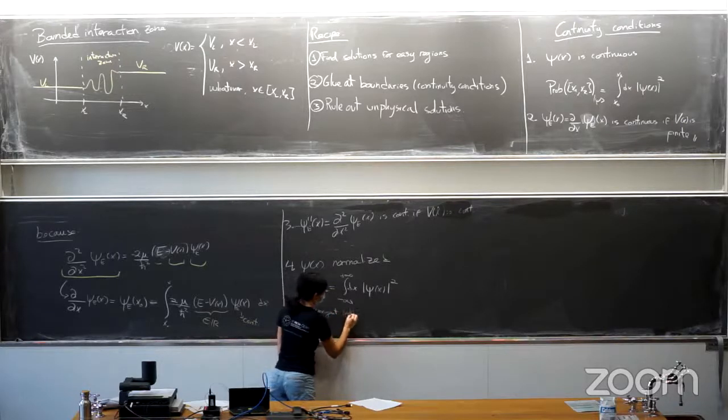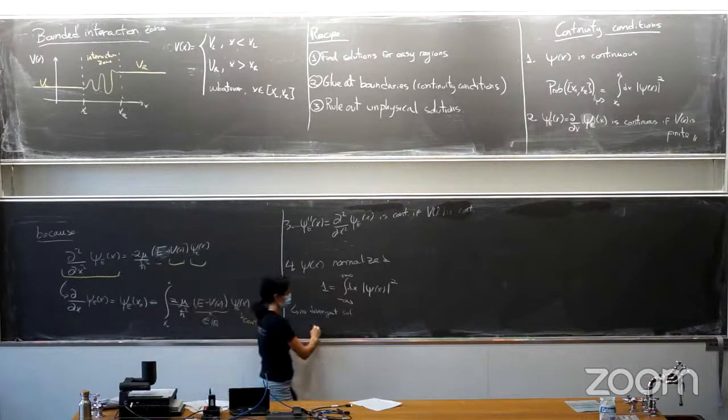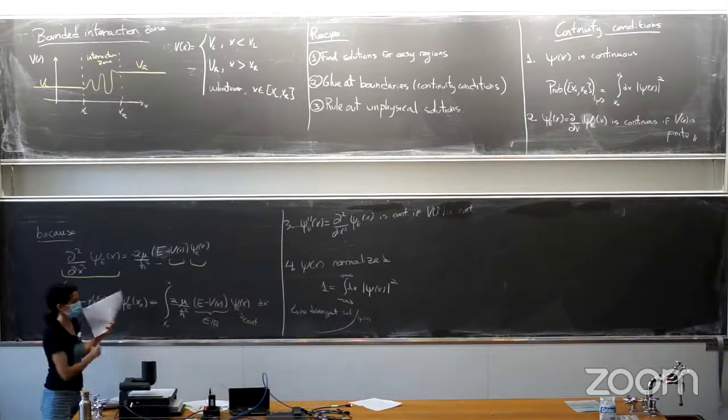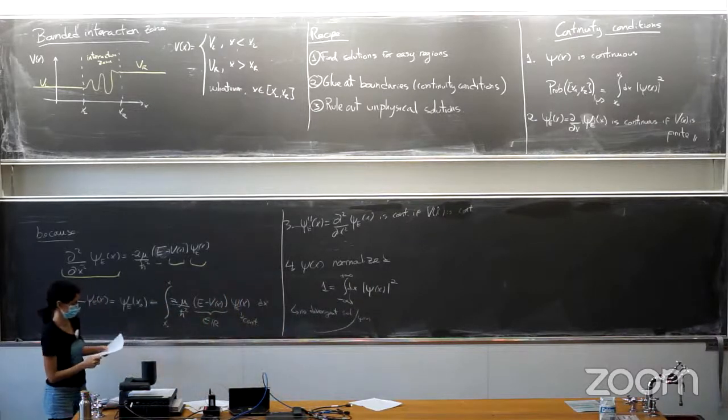We'll see an example later where the wave function just continues to increase to infinity, then this integral could never be 1, doesn't matter what constants we put there. So this will allow us to rule out some things.